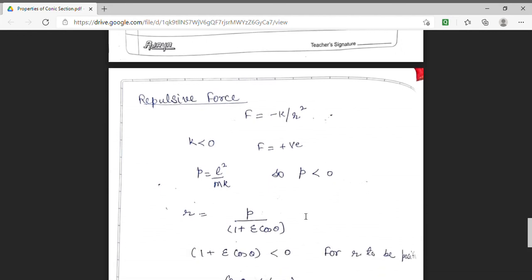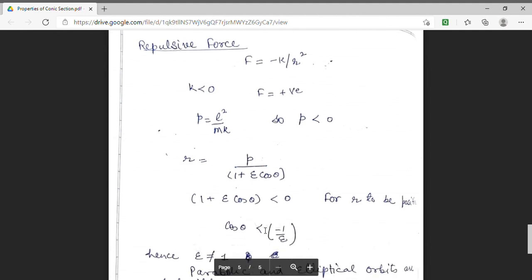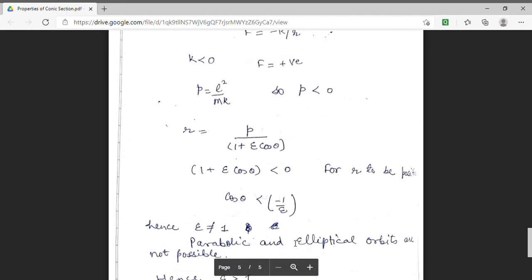Now from this condition we can say for r to be positive, 1 plus epsilon cos theta will be less than 0. Cos theta will be very much less than minus 1 upon epsilon. Hence, in this situation, epsilon cannot be equal to 1.